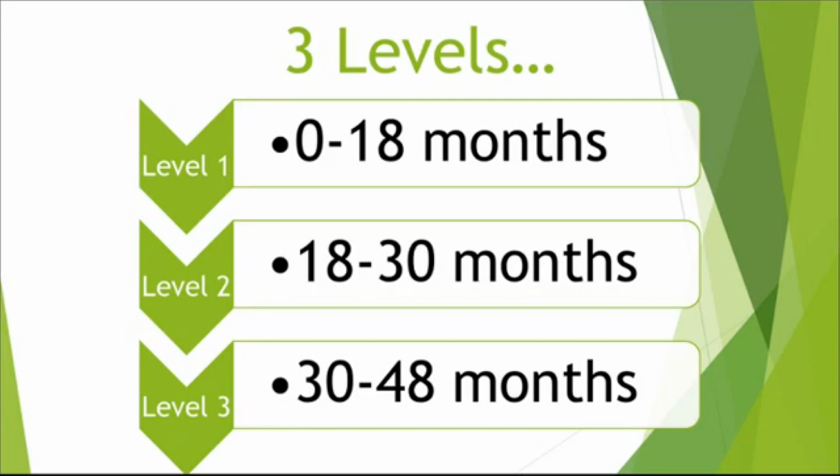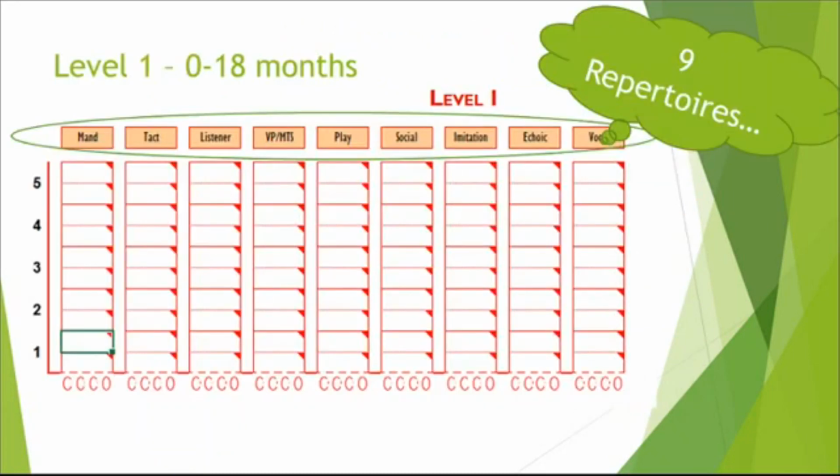And finally, Level 3, the blue level, is for learners from 30 to 48 months. The VB MAPP is a criterion-referenced assessment, meaning that an individual's results are compared to a preset standard, and that is how all of this is devised.